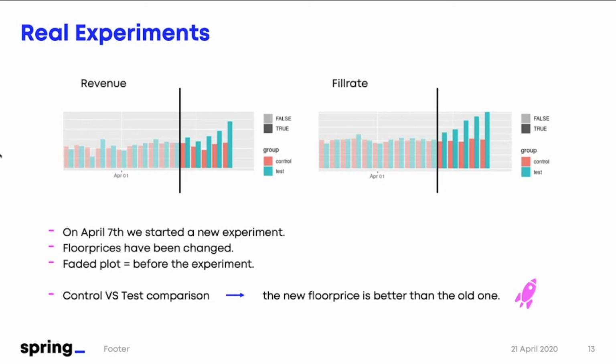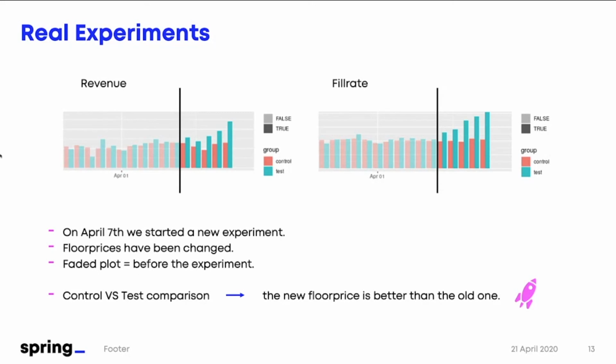And so we took some training data, which is basically the faded part of the plot where the experiment didn't start yet. And as you can see from the 7th on, the results are better. So our result is the blue, actually.